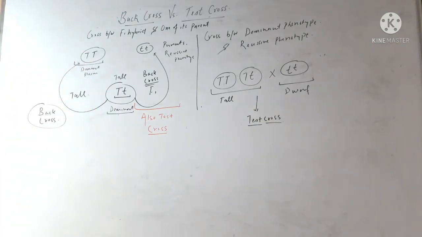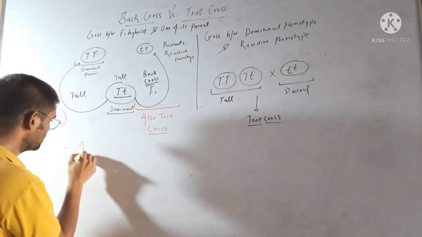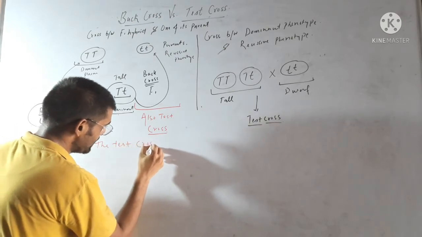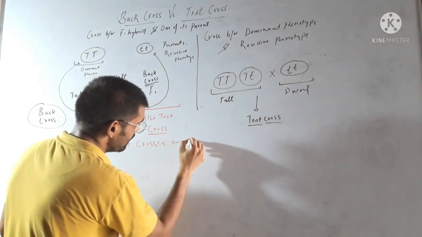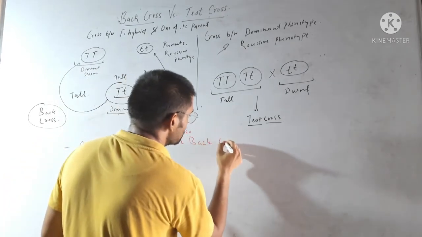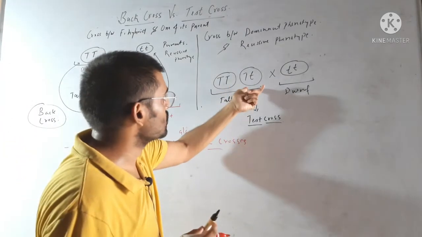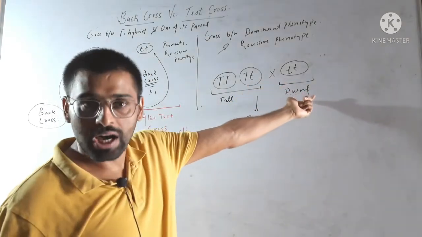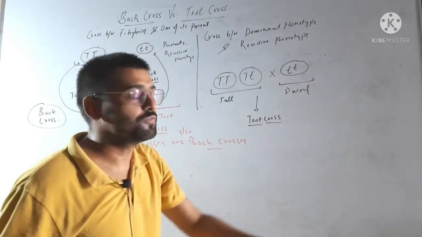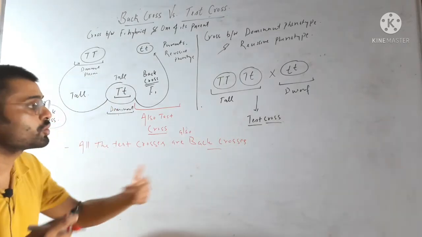So you can say that all the test crosses are also backcrosses, because when we cross this F1 with a dwarf phenotype, you can say a recessive phenotype, then it will also be a backcross.